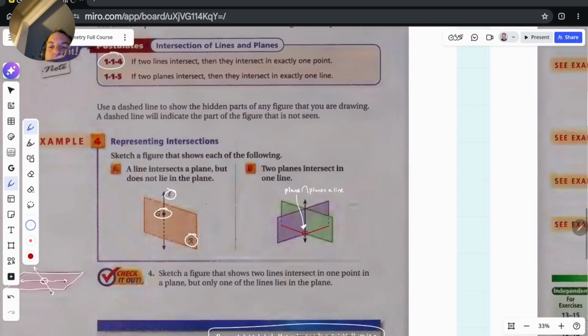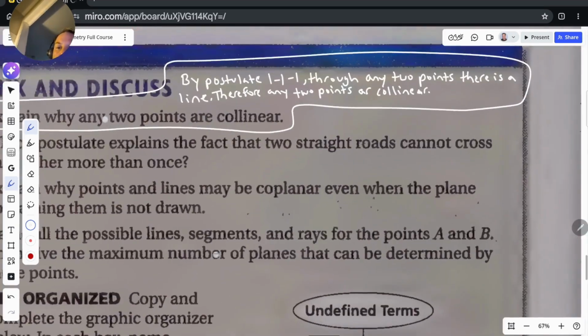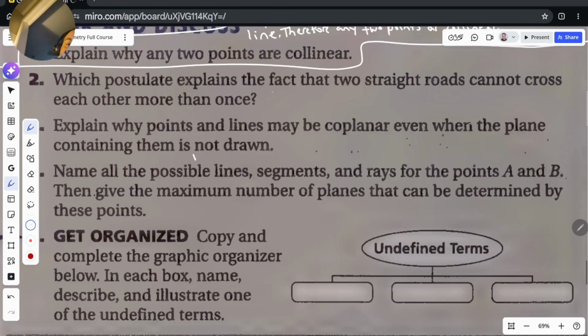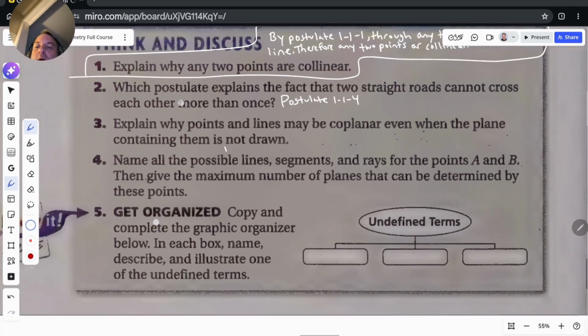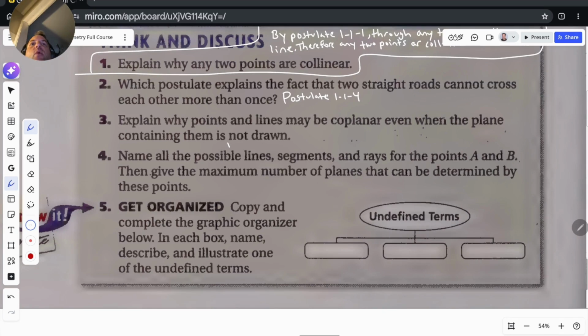So we'll put postulate 1-1-4. Just put dashes there. 1-1-4. There we go. Number 3, explain why points and lines may be coplanar even when the plane containing them is not drawn.